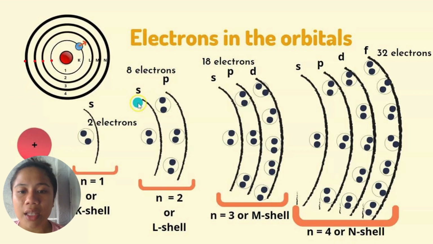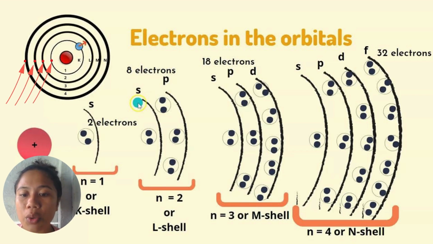On the second orbital, if we magnify the L shell, it looks like this, the second demonstration. So n is equal to 2 because there are two orbitals. The orbitals are the circles, right? So there are two arcs, or lines, or circles: 1, 2.